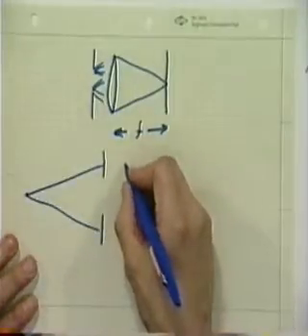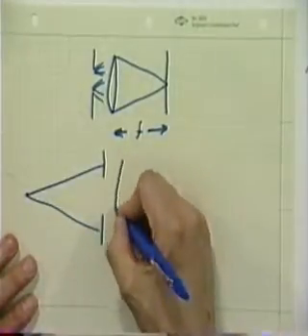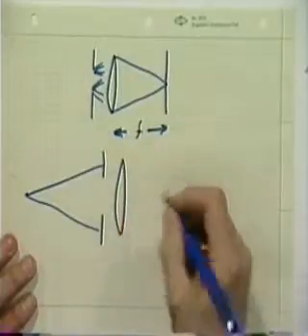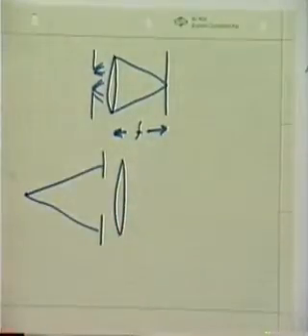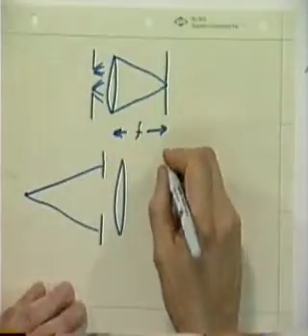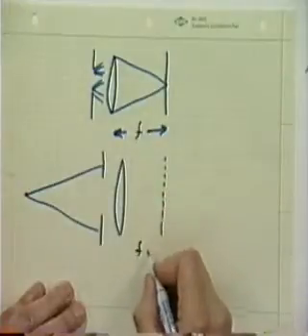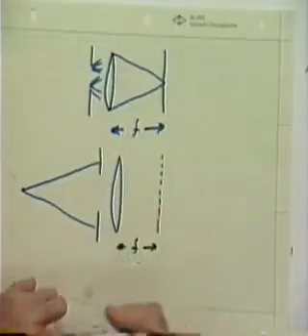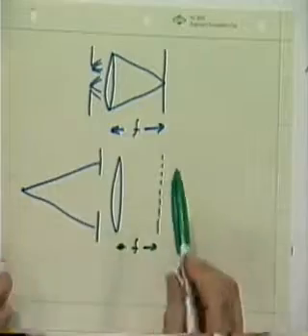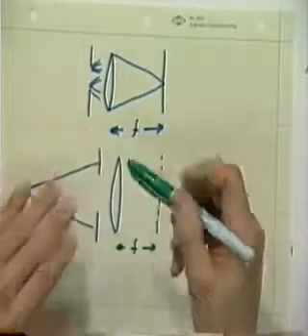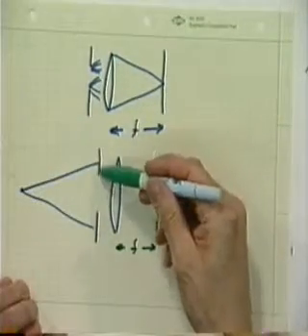Now, what I'm going to say here is that if I go to the focal plane here, what I will see will be the Fraunhofer diffraction pattern of whatever disturbance I have right here.